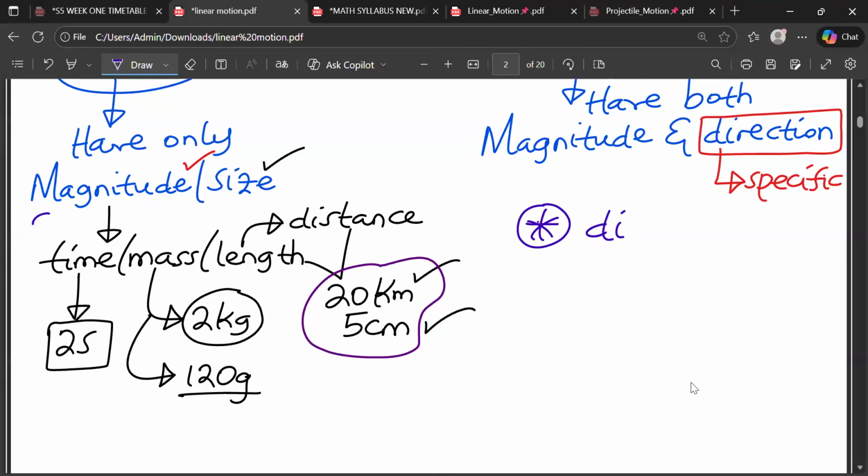So this was the example. So even these ones are going to be our examples. So she gave us an example of displacement. So how do you write this displacement?